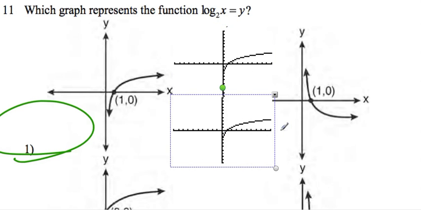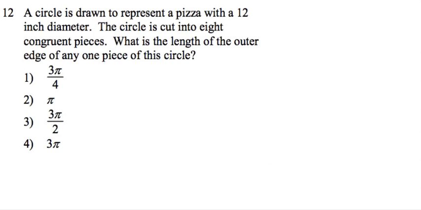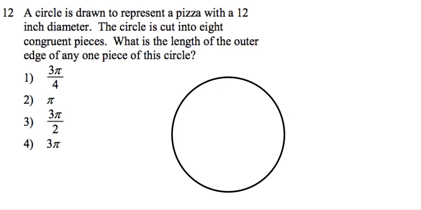Alright, let us move on to the next question, number 12. A circle is drawn to represent a pizza with a 12-inch diameter. So if you have a circle, diameter is 12 inches. The circle is cut into 8 congruent pieces.